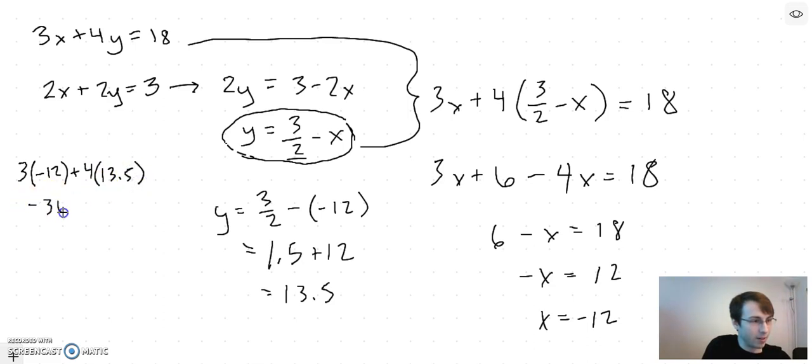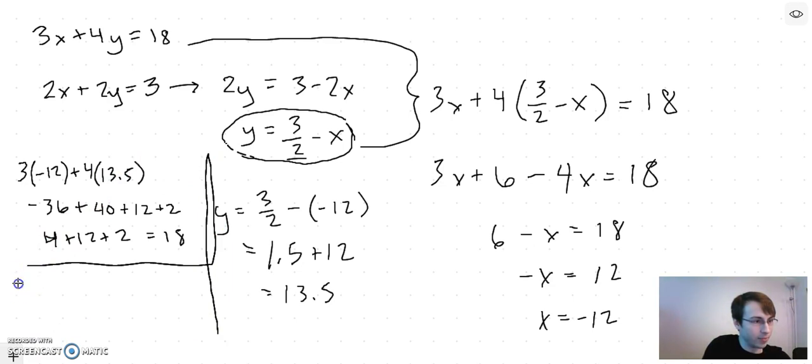That's negative 36 plus 4 times 10 is 40, and 4 times 3.5 is, 4 times 3 is 12, and 4 times 0.5 is 2. So that's 4 plus 12 plus 2, that's 18. Hey, that matches up with 18 here, good.